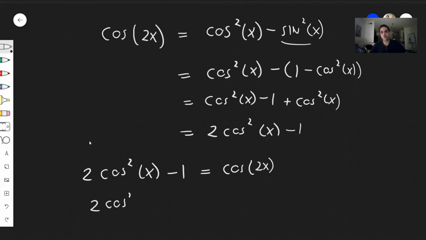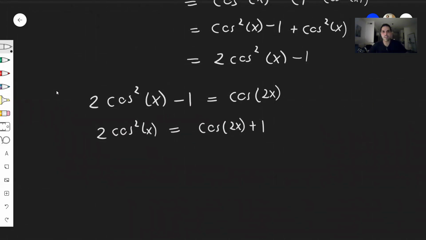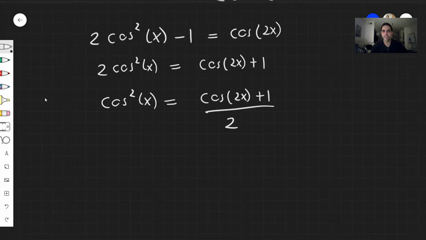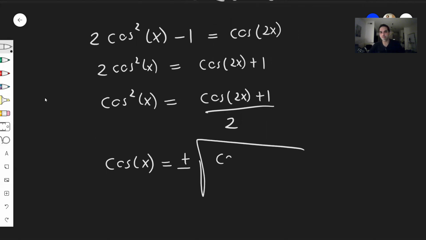So 2 cosine squared of x equals cosine of 2x plus 1. And lastly, cosine squared of x equals cosine of 2x plus 1 over 2. And so what this tells you is that cosine of x is plus or minus square root of that. So cosine of 2x plus 1 over 2.